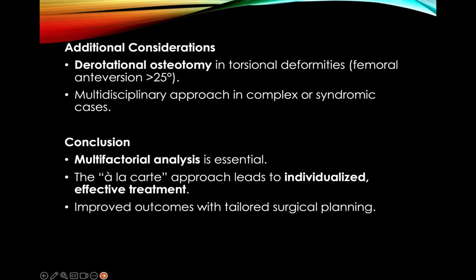A multifactorial analysis of the patient profile is very essential, and you can get an individualized and effective treatment approach if we consider all of these factors. If we have better planning, we tend to get better outcomes also.